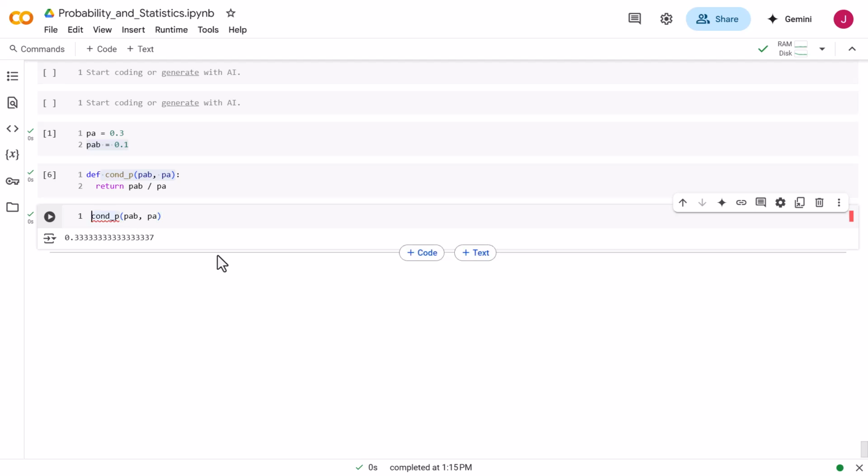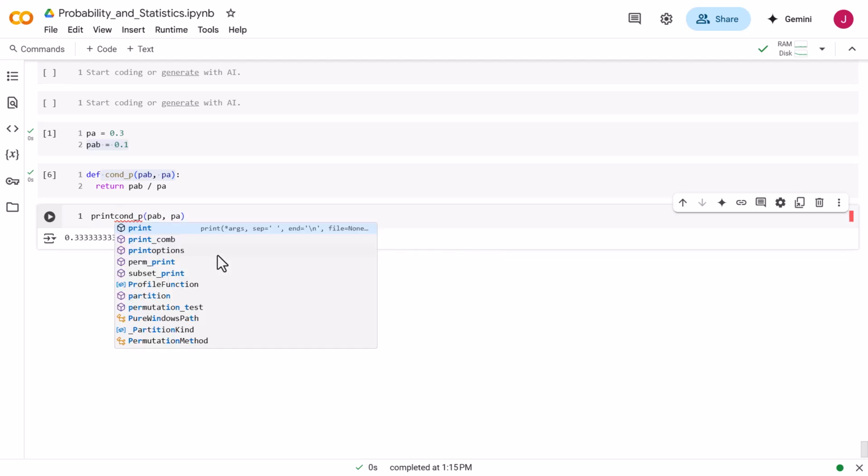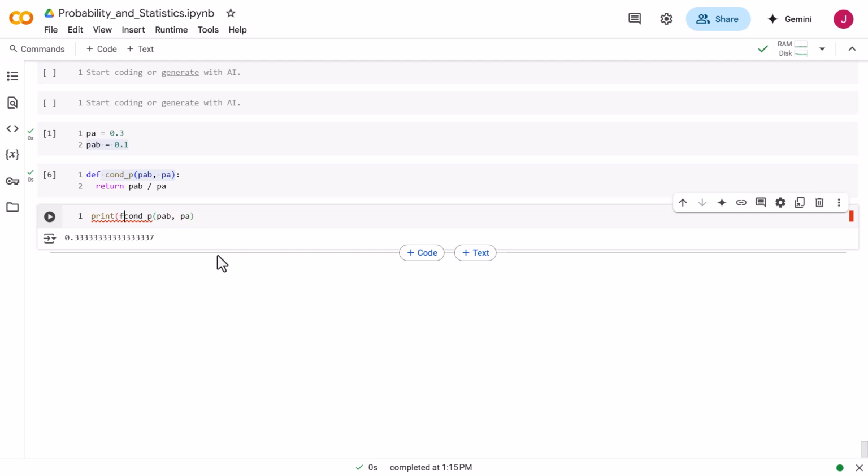And if I want to remove the number of decimal points, simply I can format the output of the conditional probability. So I can say probability of B given A is equal to this value, and I add the format with two decimals.